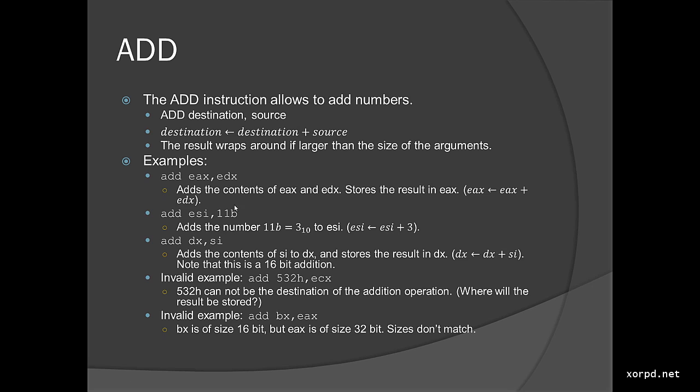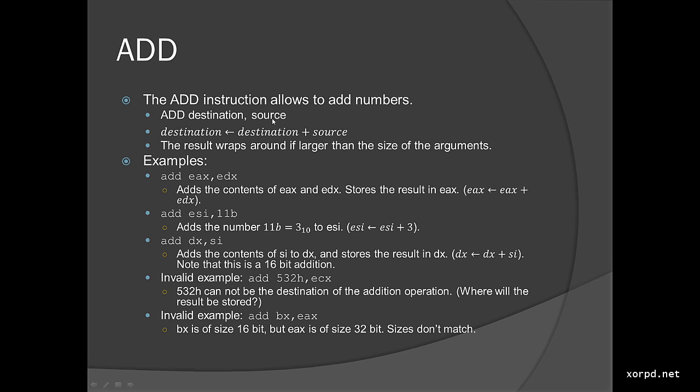As usual, we're going to have some invalid examples, just so that you know to avoid it. The first example would be add 532 in base 16, ECX. What's the problem here? 532H is a numeric literal. It cannot be the destination of the addition operation.